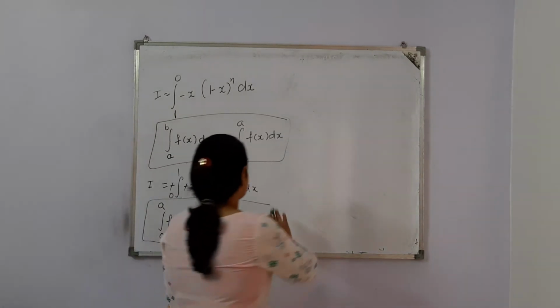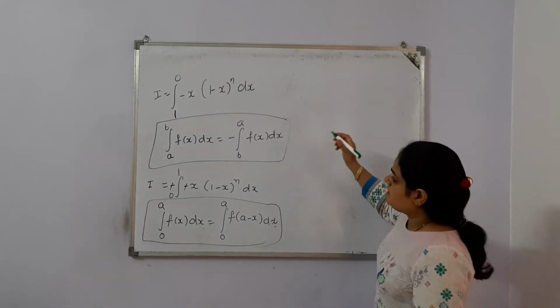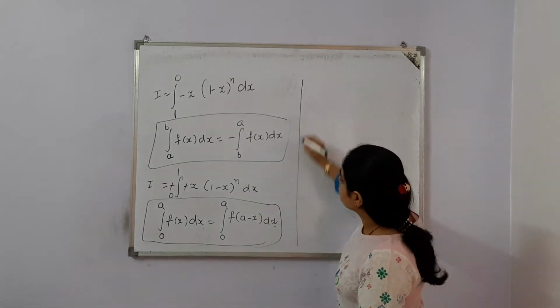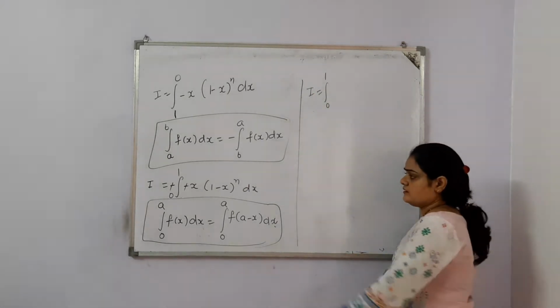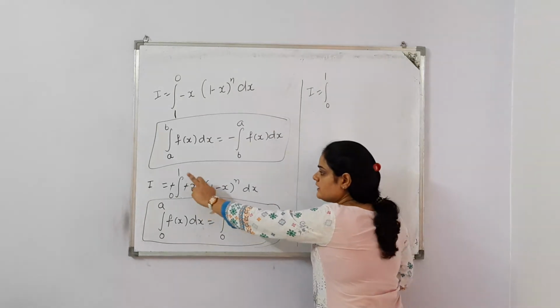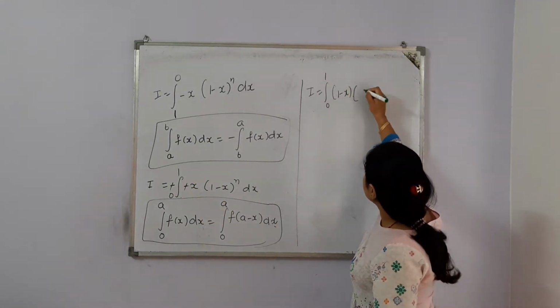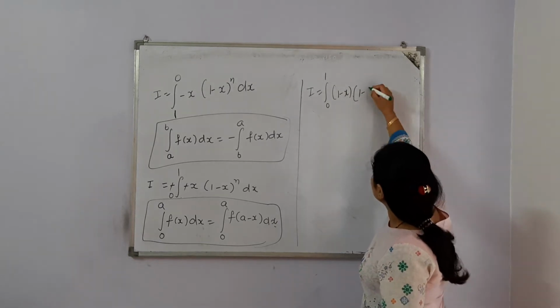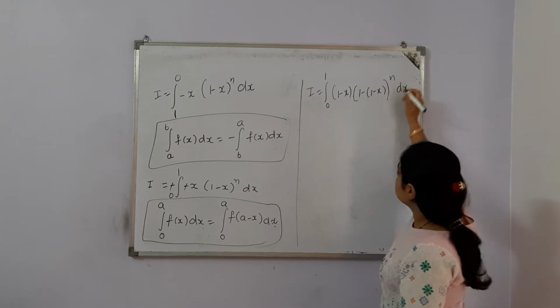Now I'll apply this property. I equals, the limits are 0 to 1. In place of x, I need to substitute 1 minus x, and here also in place of x I need to substitute 1 minus x, whole raised to power n dx.